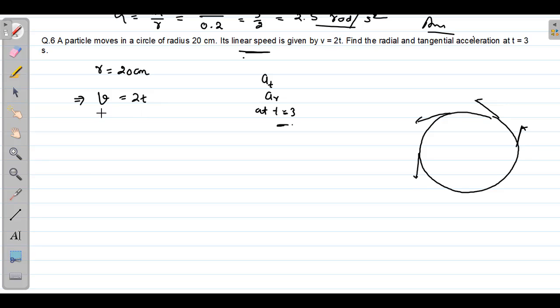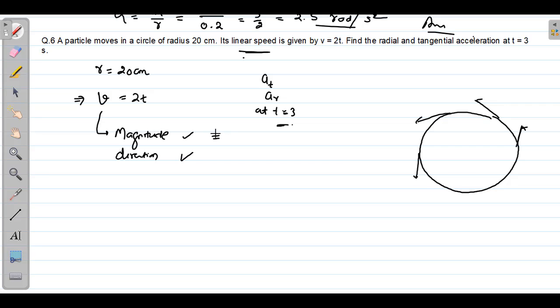It means this velocity changes in magnitude and also direction. Both magnitude and direction of the velocity change.